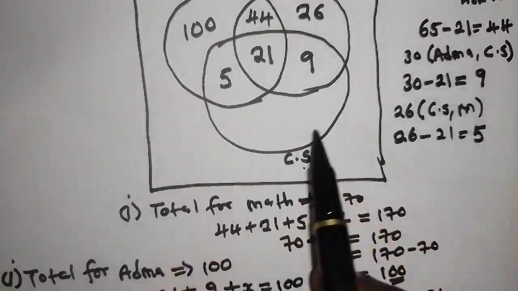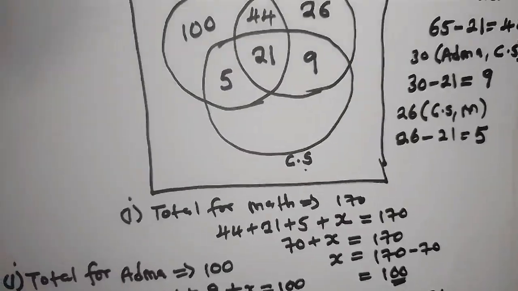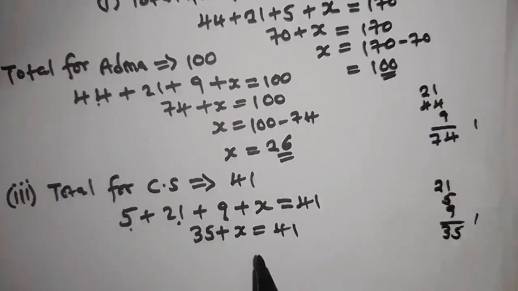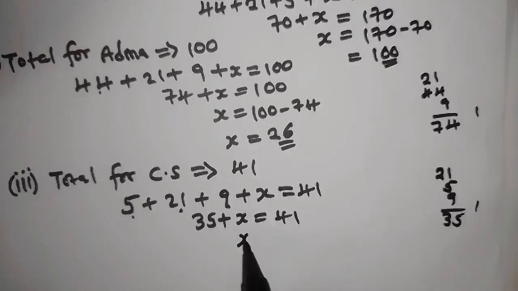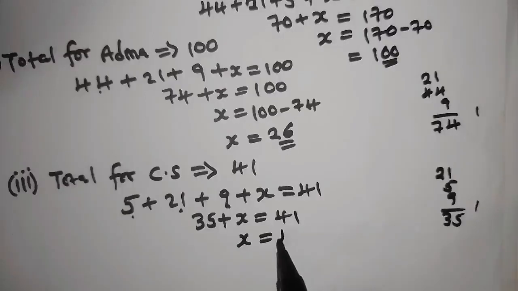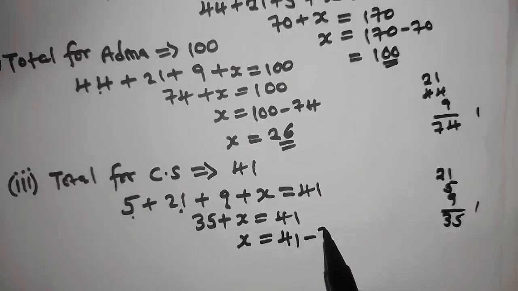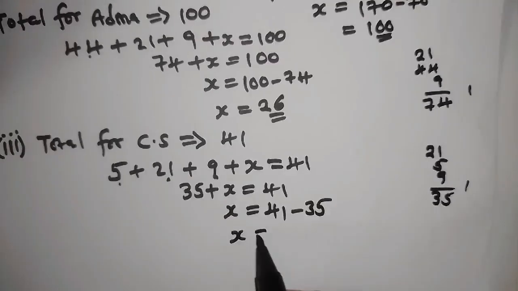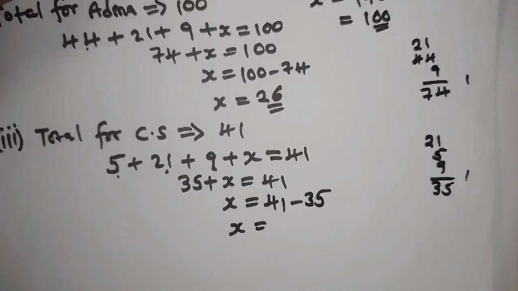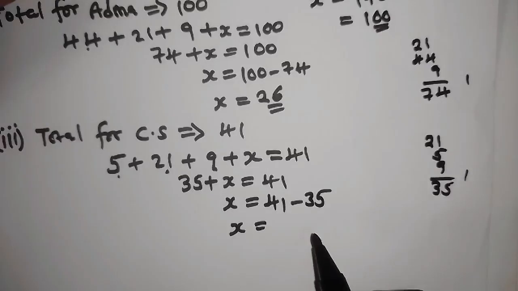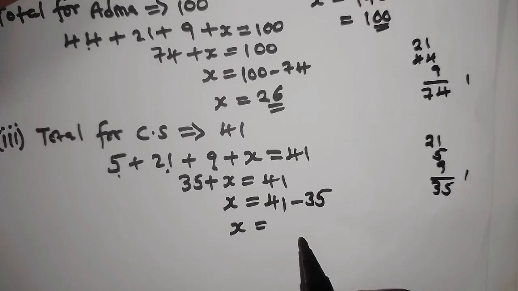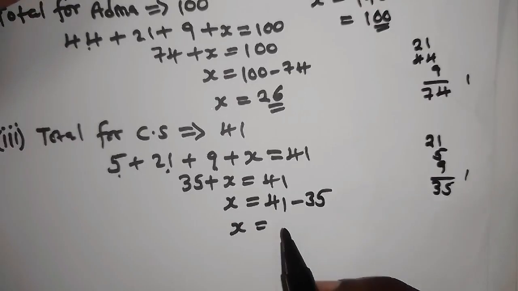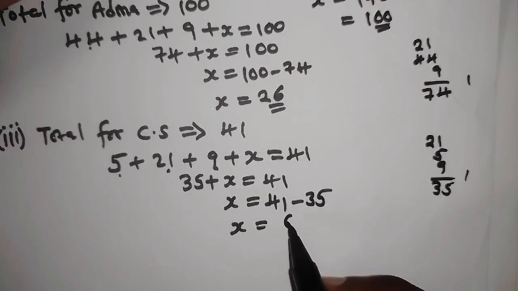Okay, so this circle that is forming in computer studies. Okay, and making x the subject, this is going to be x equals to 41 minus 35. Okay, and this is going to just give us, I think we'll have just 6, if I'm not mistaken, so you can confirm that. So you just have 6.